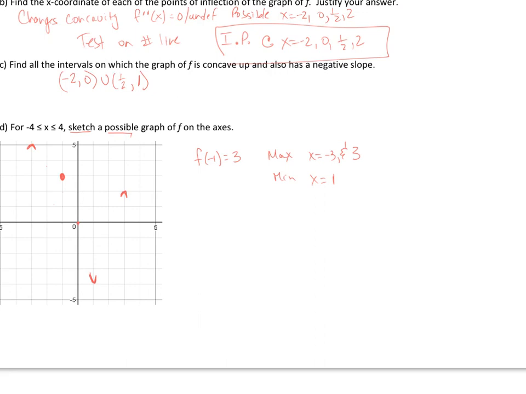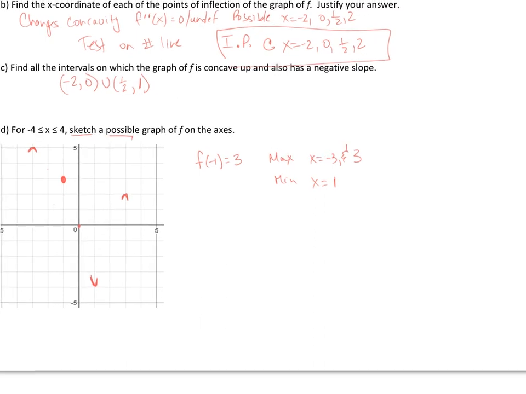And then we know at 1/2 it hits another inflection point, so it ends up being concave up somewhere over here. So this is up, this is down, all of this is concave down, and I have to accentuate that so that it shows that it's concave down. So I'm going to do that like that. And then it continues concave up.